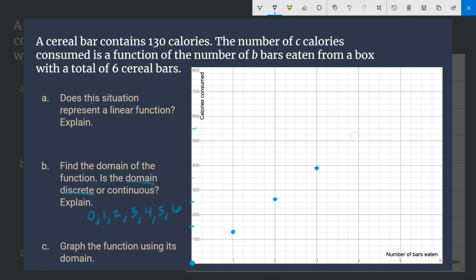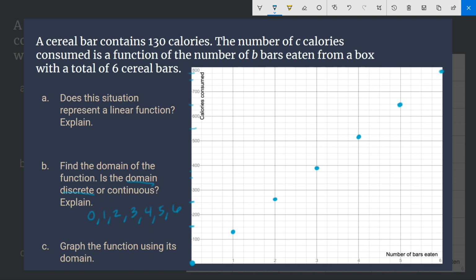So it's a little under 525, which is about right there. 5 bars, 130 calories each is 650. So that'll be dead on right there. And then if we eat all 6 bars in the box at 130 calories each, that is 780. So that's 775. Go a little above it.